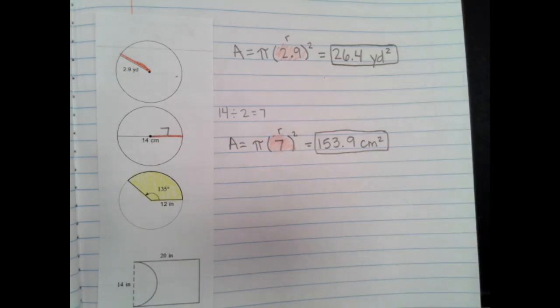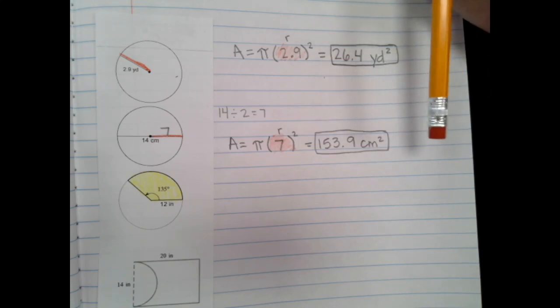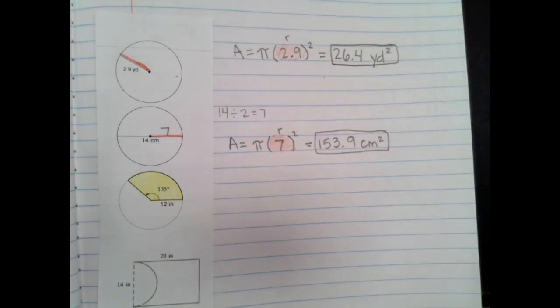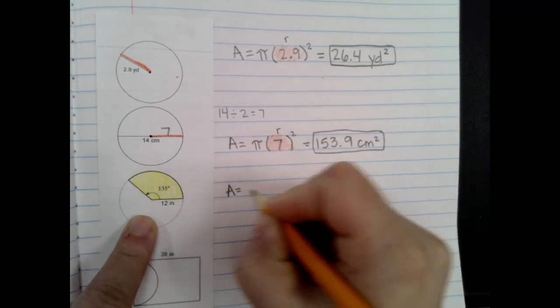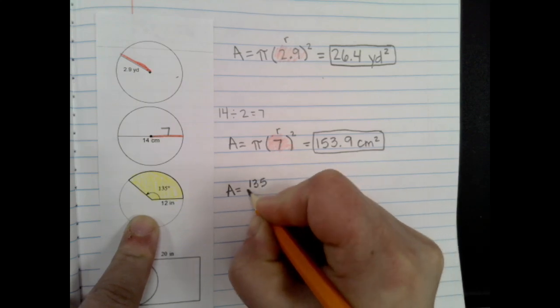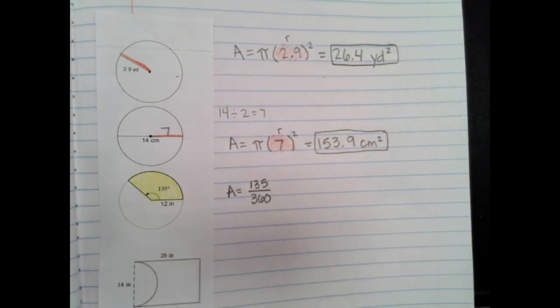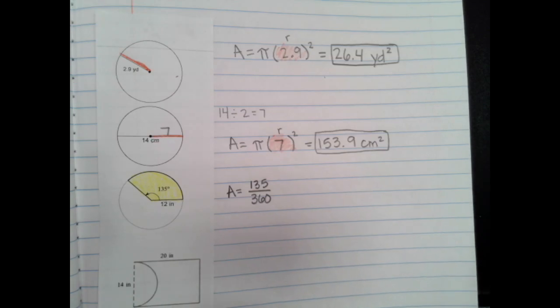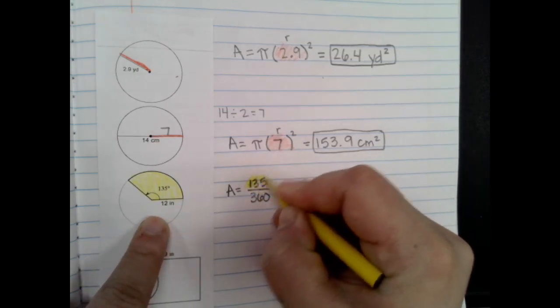All right, so because we're doing a circle sector, we're not going to use the whole formula pi r squared. We're only going to use a part of it. How much of the circle are we finding? 135 degrees out of how many degrees total? 360. We could have made that into a percent, but we can just write it as a fraction also.